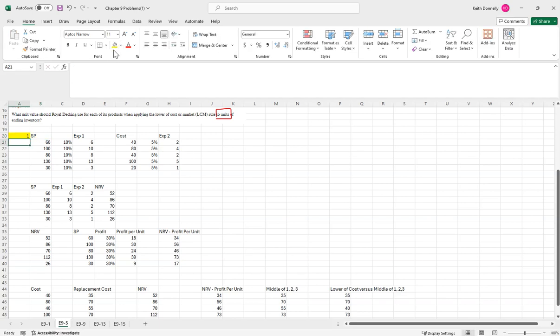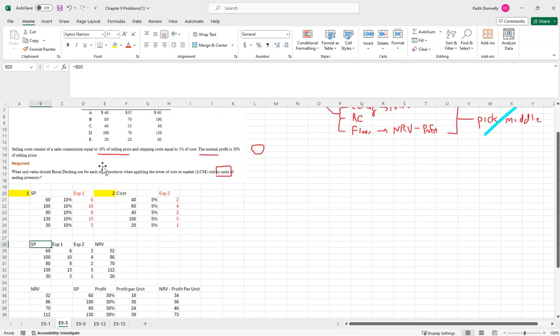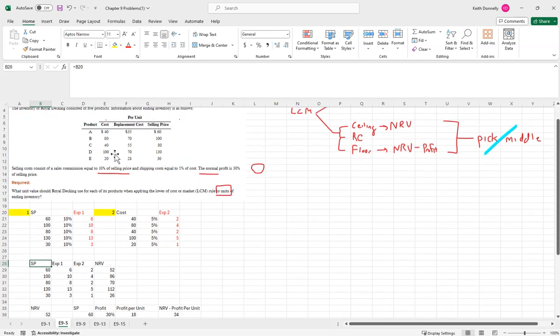So we have step 1, selling price. Step 2, figure out expense 2. Then what we do is we take the selling price from up here. They give us this information, 60, 81. We back out expense 1.